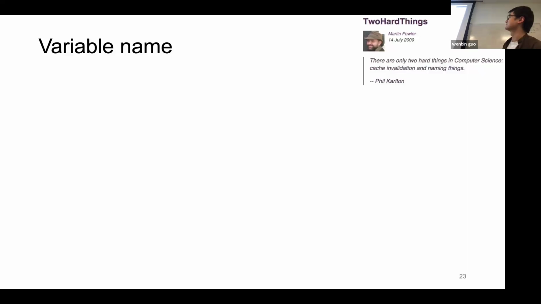He has a very good saying that there are only two hard things in computer science: cache invalidation and naming things. Cache invalidation is related to the architecture of the CPU, how it can make the computer run faster, and when using programs you will probably meet some mysterious errors about the cache. So it's very hard to do.